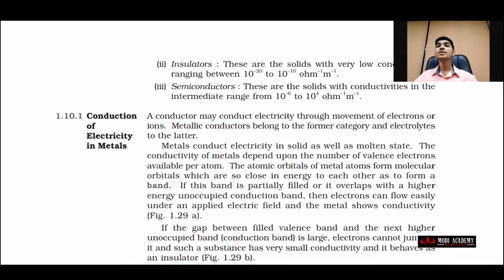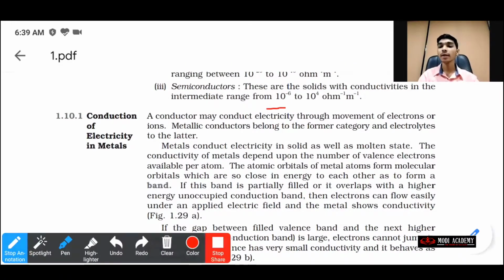These are solids with conductivity in the intermediate range, from 10 raised to minus 6 to 10 raised to 4 per ohm meter. So the range for a semiconductor is 10 raised to minus 6 to 10 raised to 4 per ohm meter. You have to remember this.